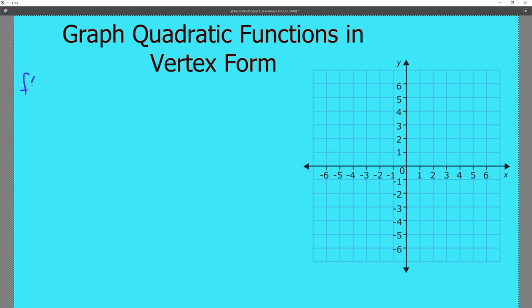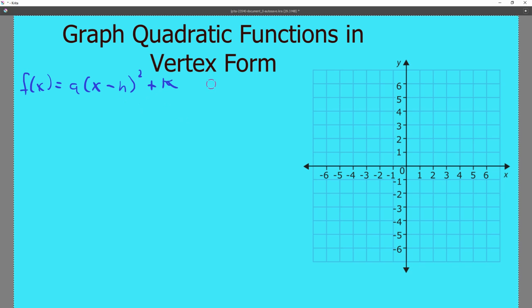Okay, so if you have a function, f of x is equal to a, a number in front, and then x minus h squared plus k, okay? Then that is vertex form. And this is the form that you get when you complete the square. They give you a function in standard form, and you go through the complete the square process, and it becomes this form.